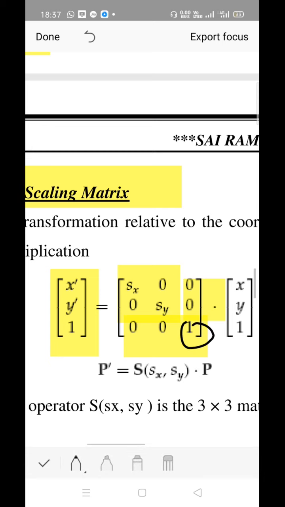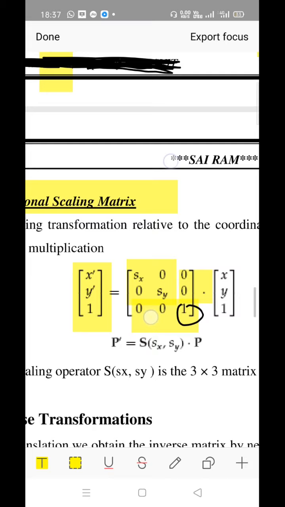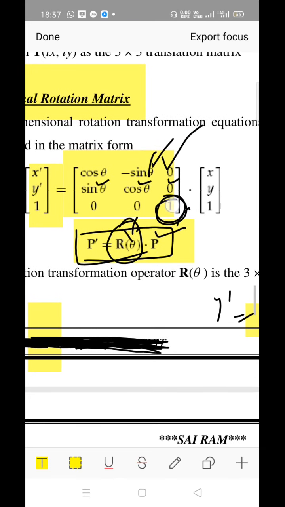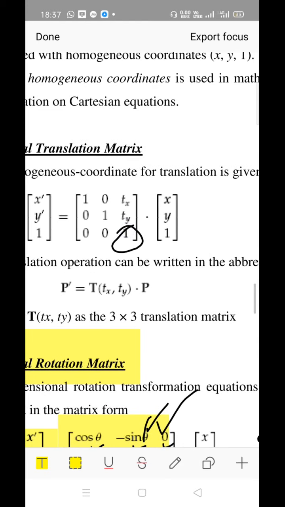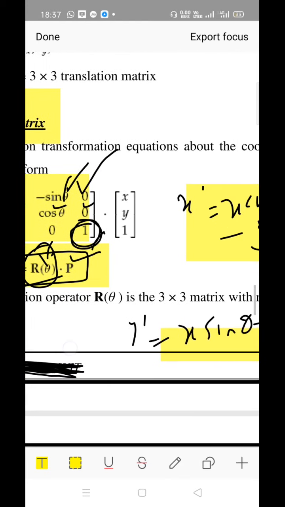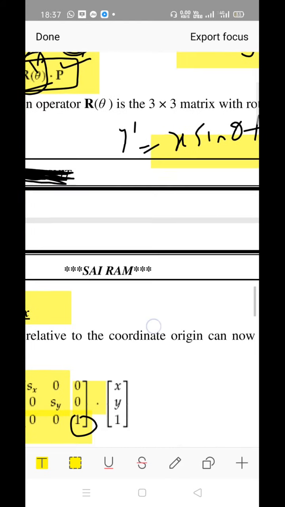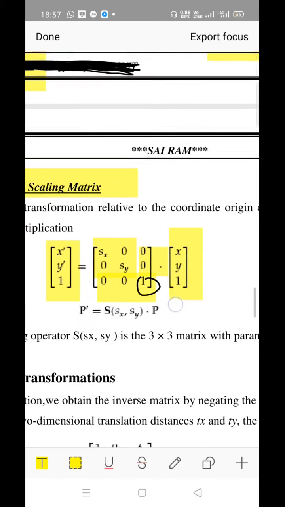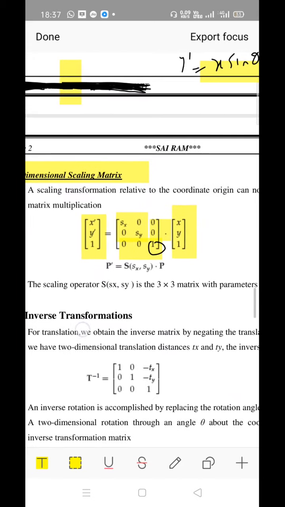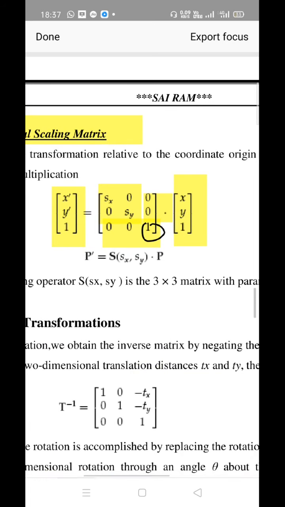As you can see above, and as in my previous videos, the third parameter is always this way; I have already marked it for rotation, and the same applies to translation. The representation of the original point P is the same: x, y, and the third parameter as 1. So, this is what the scaling matrix is.